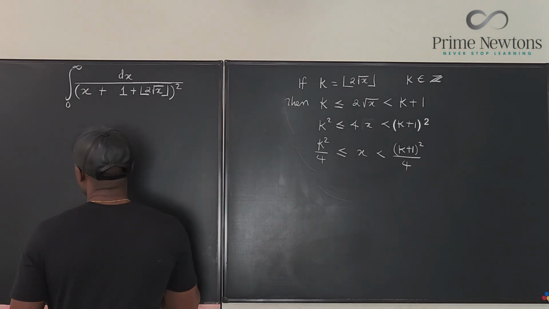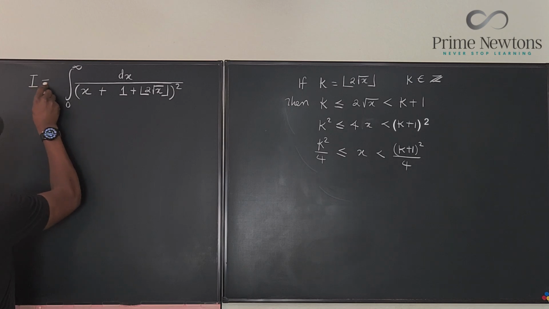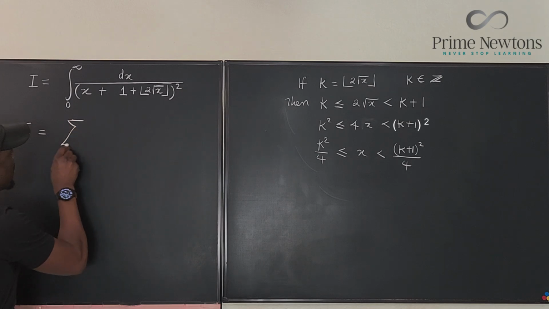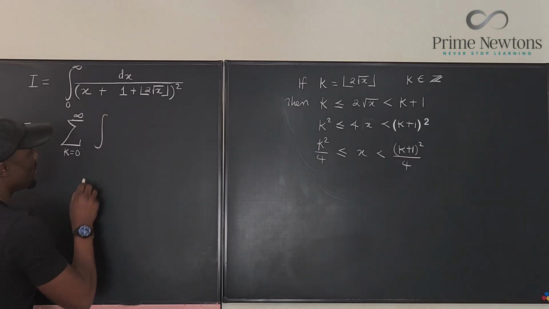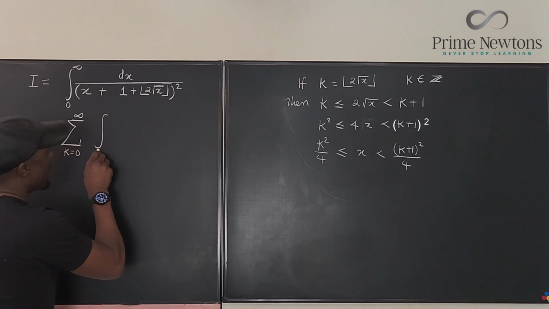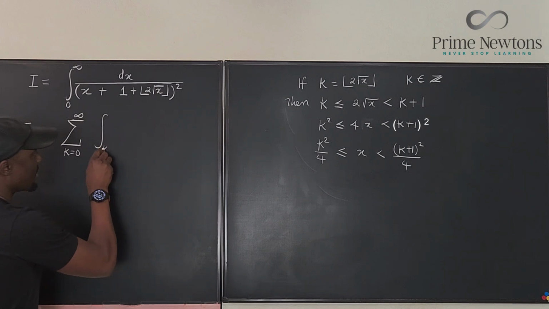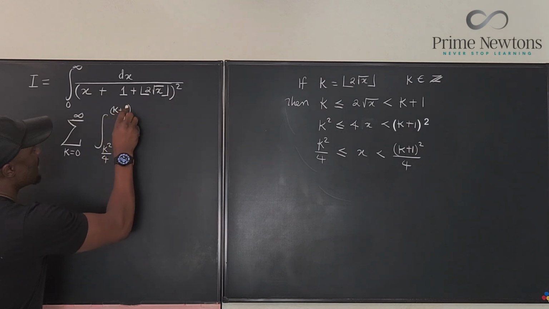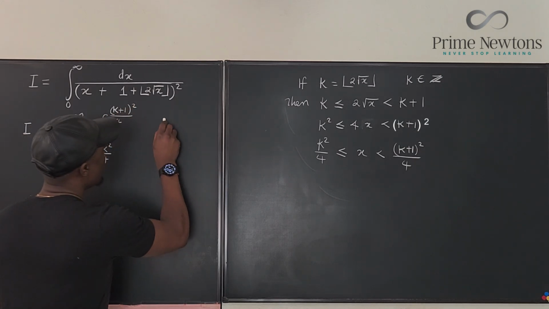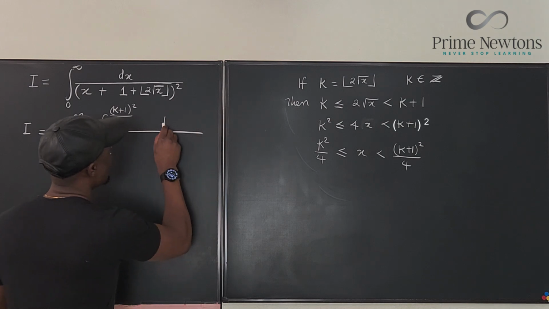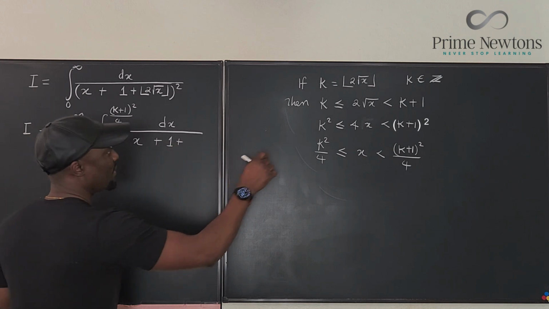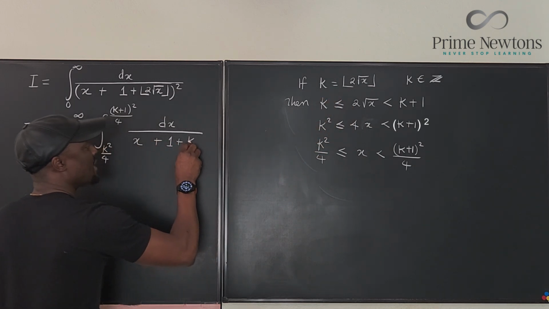We don't know it, so let's say this is I. I is equal to the sum, k equals 0 to infinity, of the integrals from k squared over 4 to (k plus 1) squared over 4 of 1 over x plus 1 plus the floor, dx, but we're now writing k instead.